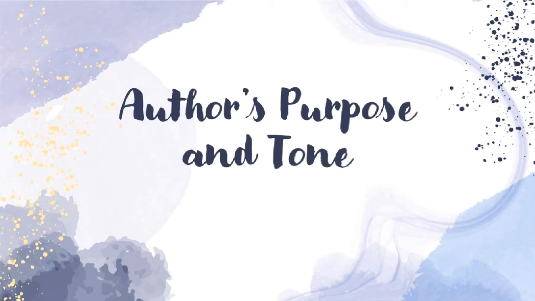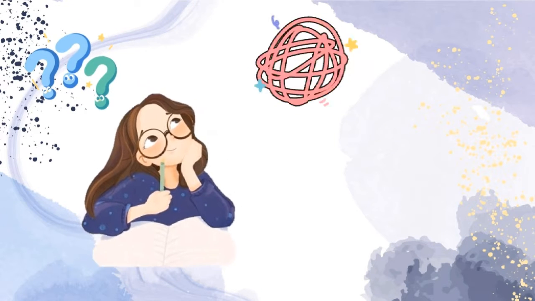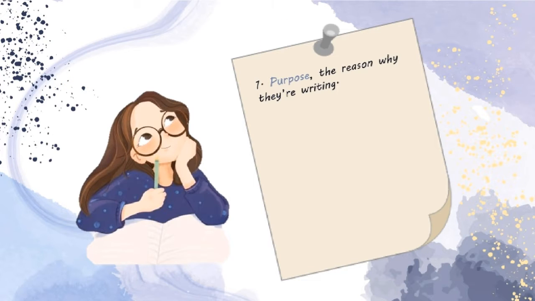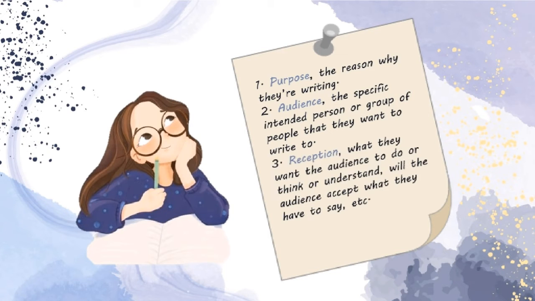Go, go! Author's purpose and tone. When the author's thinking about writing, they think about 1. Purpose, the reason why they're writing. 2. Audience, the specific intended person or group of people that they want to write to.